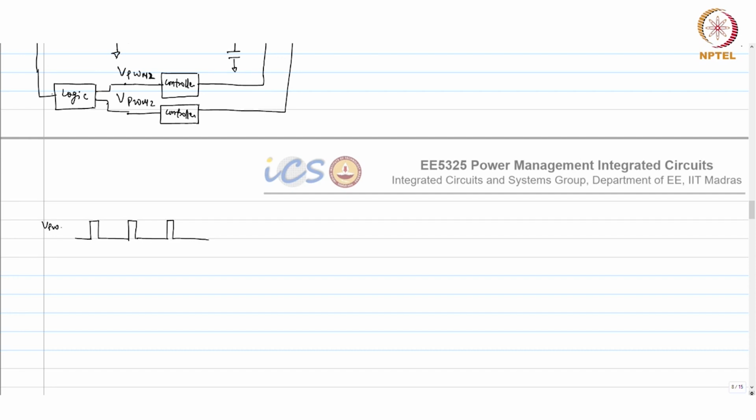So let's say this is VPWM1 and this is VPWM2.